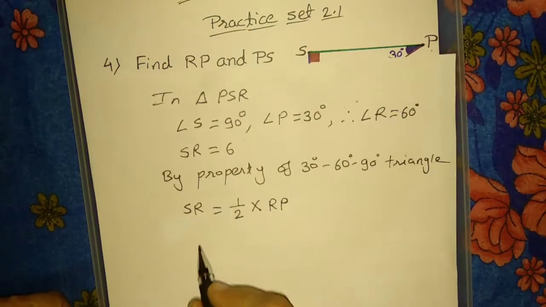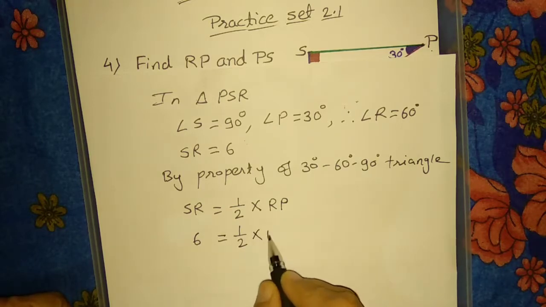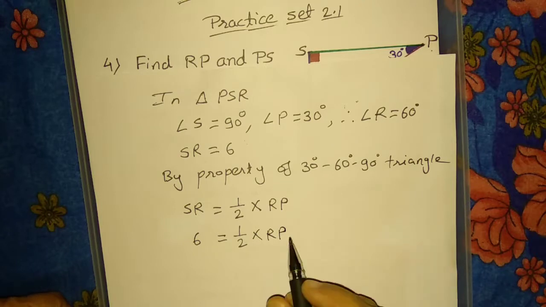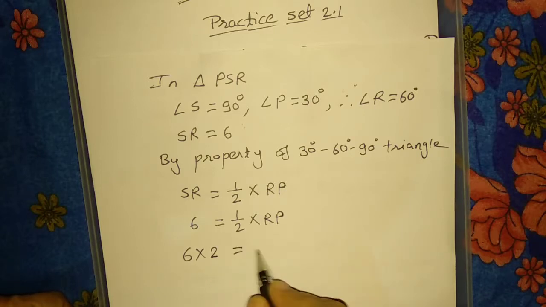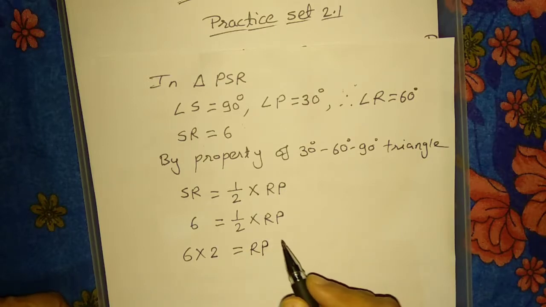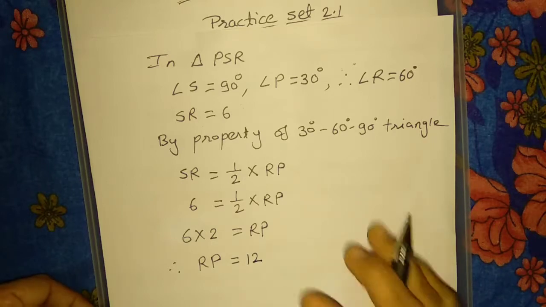SR is given 6, so 6 is equal to 1 by 2 into RP. We'll change side of 2. So it will be 6 into 2 is equal to RP. Therefore, RP is equal to 6 2s are 12.